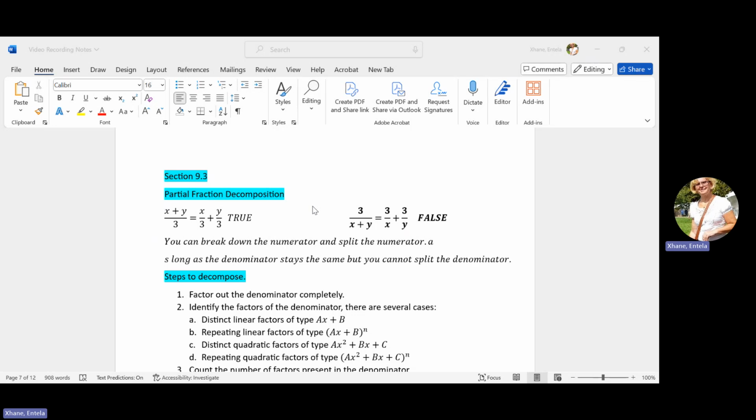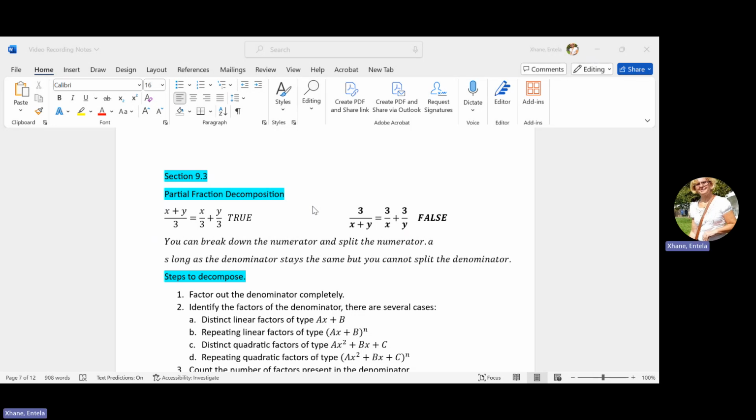But this brings up the idea of, is there any way possible that somehow whatever we do for the numerator, we can apply to the denominator? And this is where the idea of decomposing comes from. So when this was discovered for the first time, they relied on the two examples that I showed you to create this famous idea that something has to be done somehow to split the denominator.